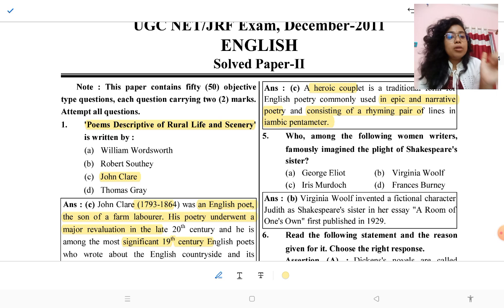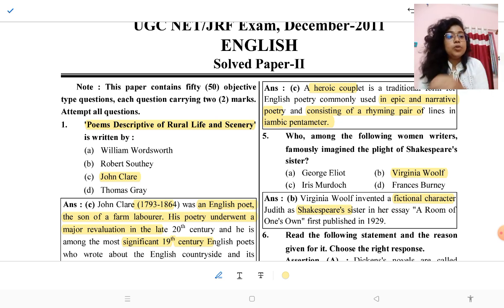Then, who among the following women writers famously imagined the plight of Shakespeare's sister? As you all know, Virginia Woolf. Virginia Woolf invented a fictional character, Judith, Shakespeare's sister, and there she tried to say that if Shakespeare's sister was also a good writer, would she be as famous as Shakespeare?